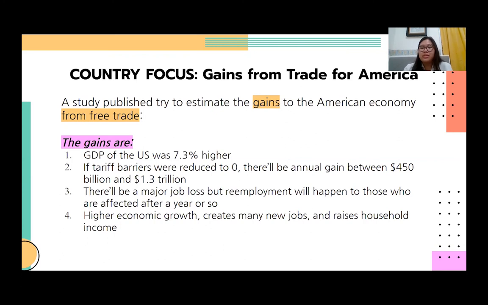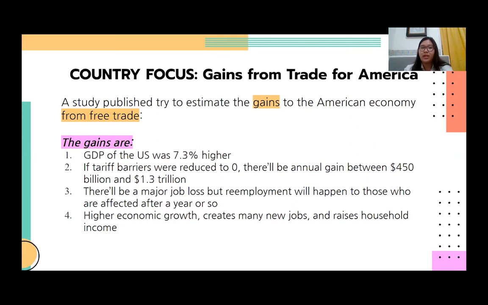This amount could be expected to raise the incomes of American households by an additional $4,500 per year.